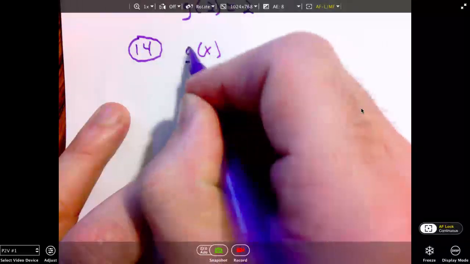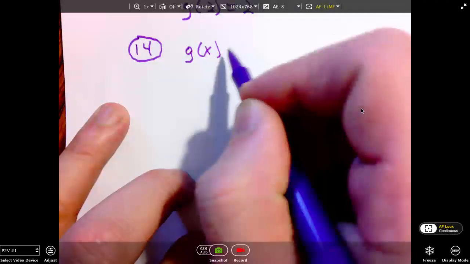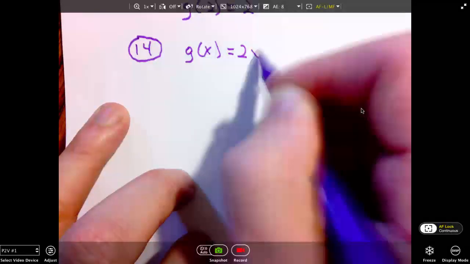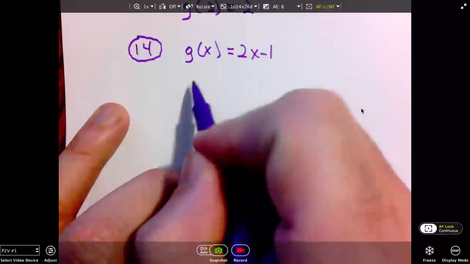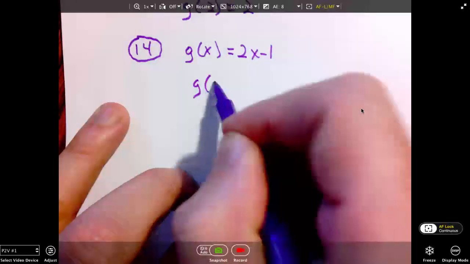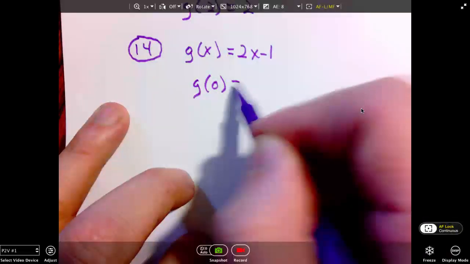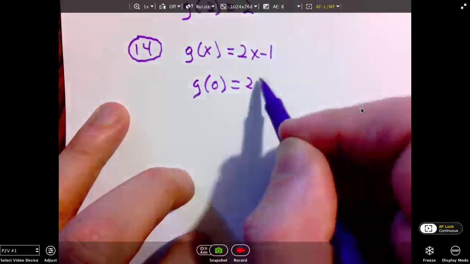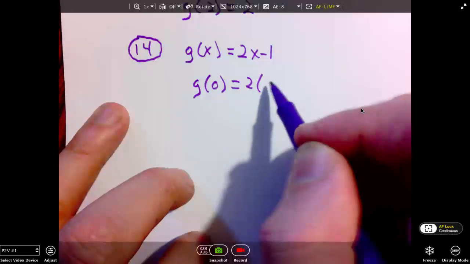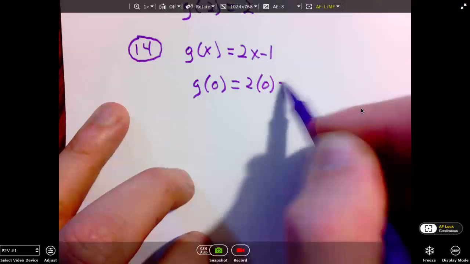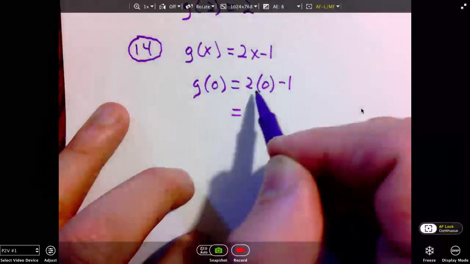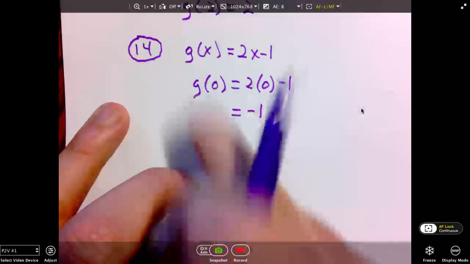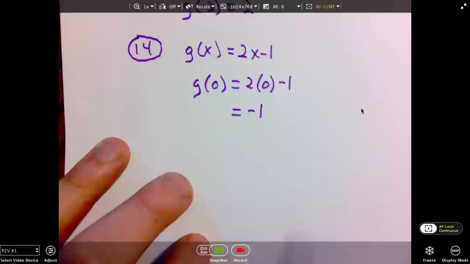And in these problems, they defined g of x to be 2x minus 1. So to find g of 0, we are simply going to substitute 0 in place of that x. So 2 times 0 is 0, minus 1 is negative 1. We say g of 0 is equal to negative 1.